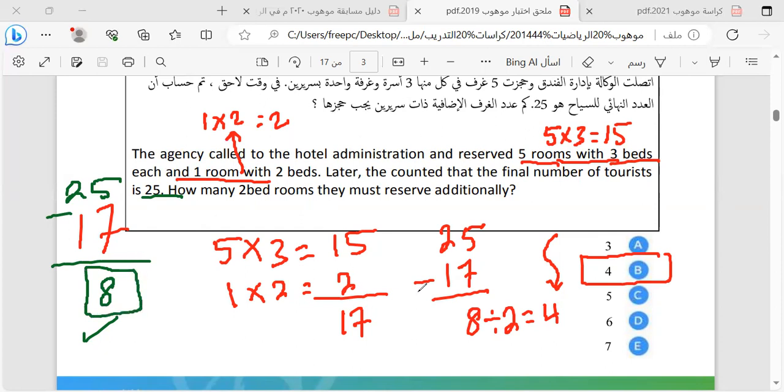Because 17 we already have. But we have how many tourists? 25 tourists. Subtract 17, then it is 8. Divided by 2, because they are 2-bedrooms. So how many rooms? It is 4. Is it clear?